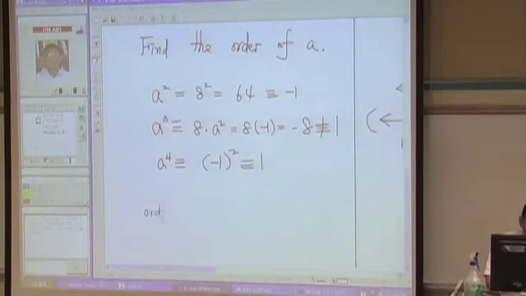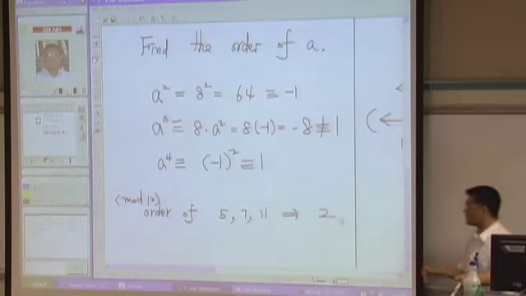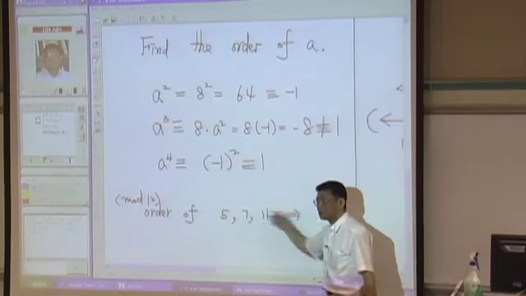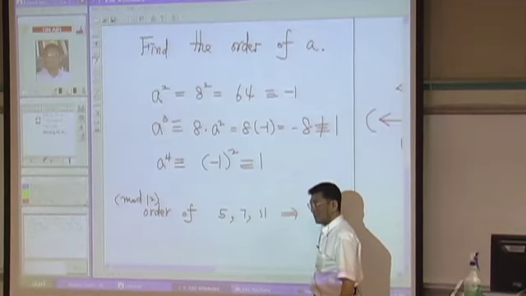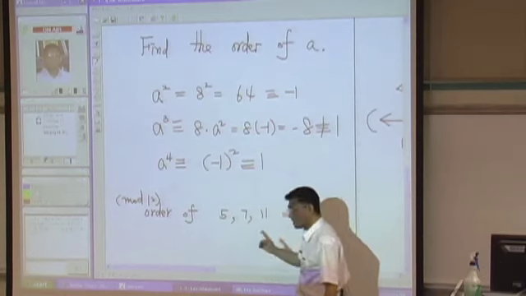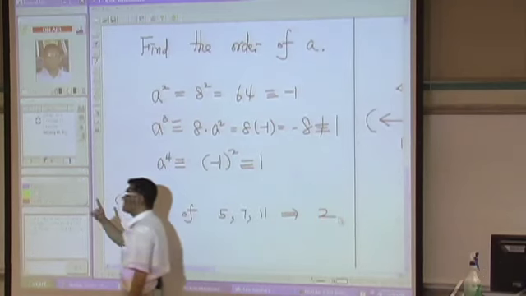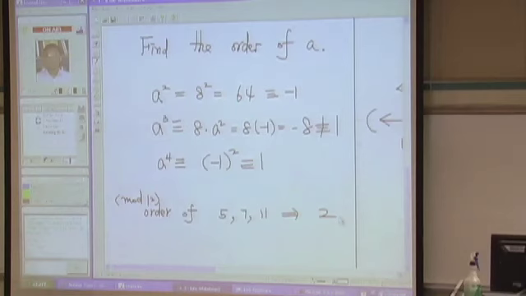Order with mod 12: the order of 5, 7, 11 is 2. So the order of 5 is 2, the order of 7 is 2, the order of 11 is 2 with mod 12. By the definition, right? 1 to the power of 1 is 1, so 1 has order 1 all the time. So it's a trivial fact, right?